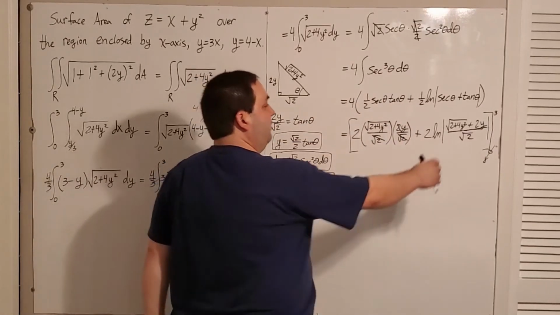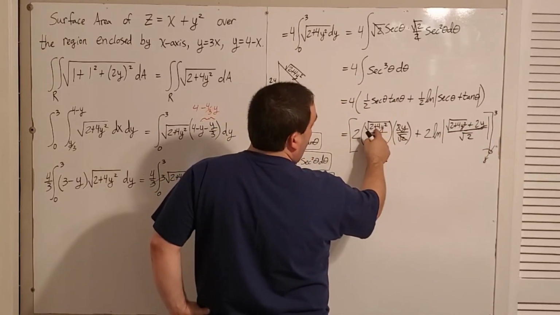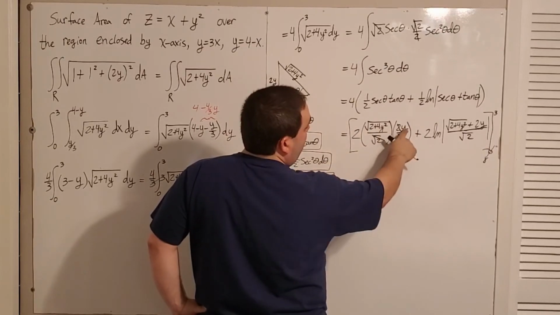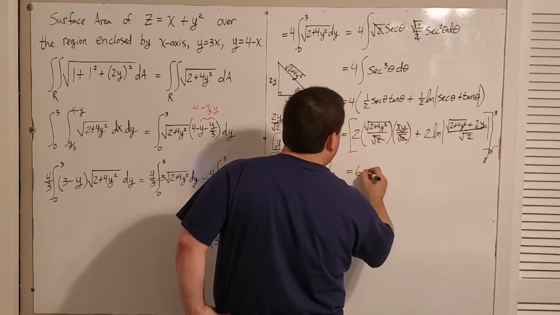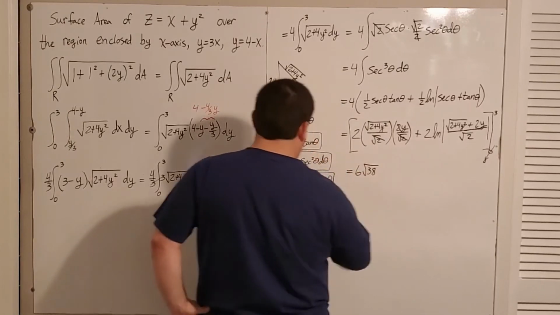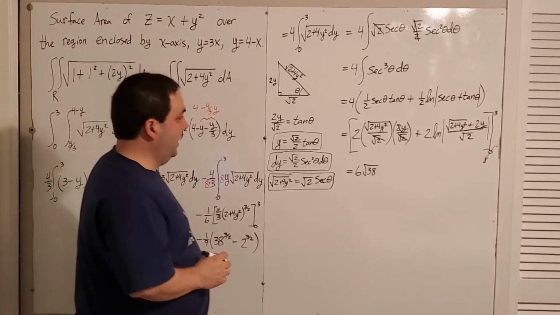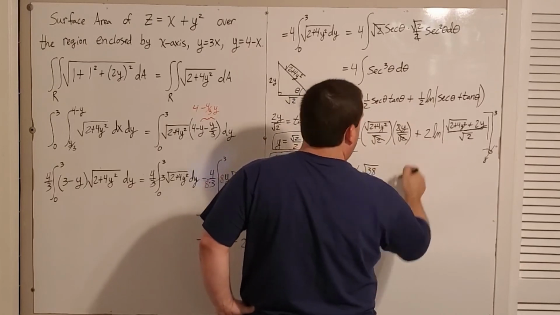So I'm going to plug in the 3 now, right? If I plug in 3, I've got 4 times 9 plus 2. I've got square root of 38. And then I've got 3 times 2. So I've got 6 square root of 38. Right? Okay. And then plus 2 ln.